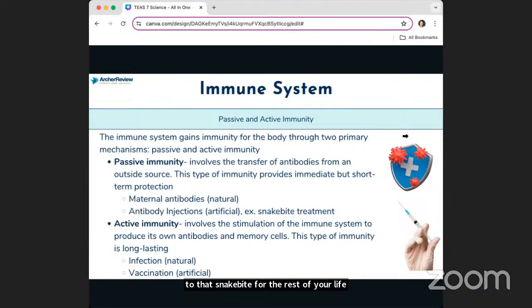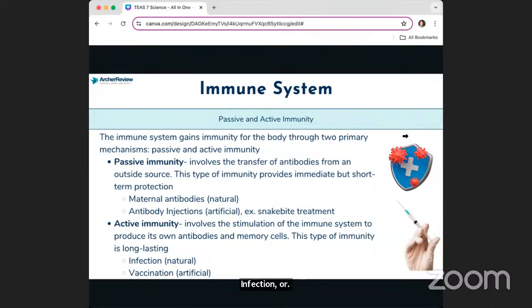On the opposite side is active immunity, which involves stimulating your immune system to produce its own antibodies and its own memory cells. Since you're activating memory cells, this type of immunity is long-lasting. Ways you can get active immunity: you're exposed to an infection, which is a natural occurrence, maybe a staph infection or strep throat, for example.